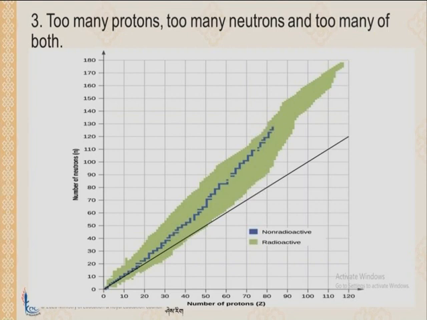So, they will undergo disintegration. Now, again you will see a thin straight line in this graph, a black thin straight line. So, this line represents NP ratio equal to 1.